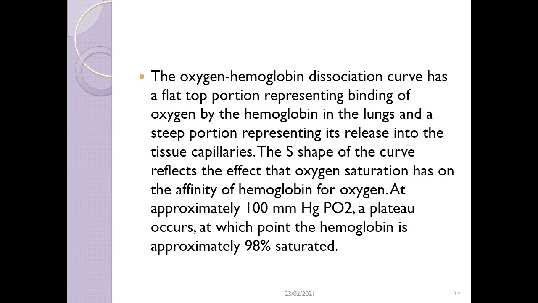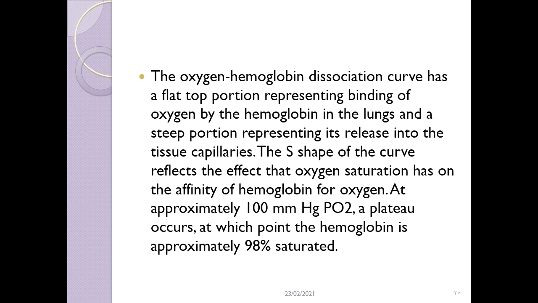At approximately 100 millimeter mercury partial pressure of oxygen, a plateau occurs. What does this mean? When there is a complete saturation of hemoglobin with oxygen at approximately 100 millimeter mercury, a plateau occurs, at which point the hemoglobin is approximately 98% saturated.